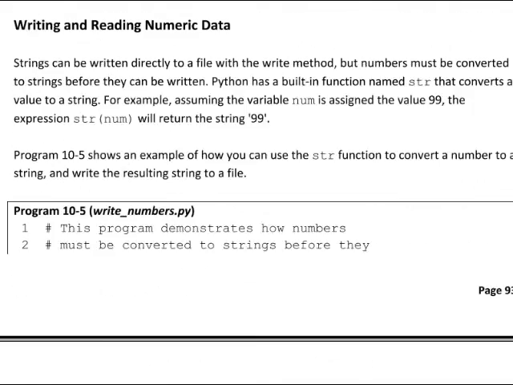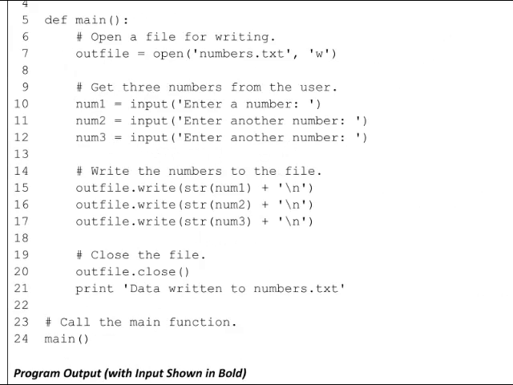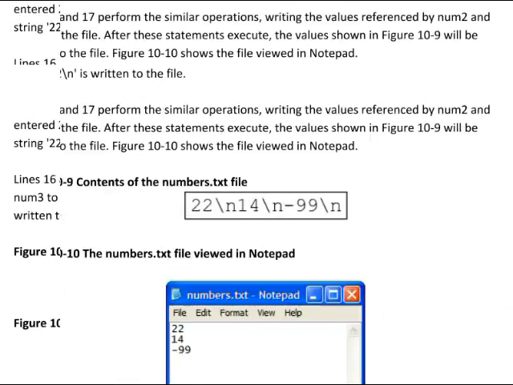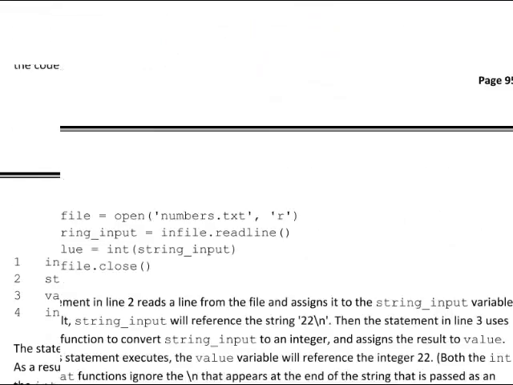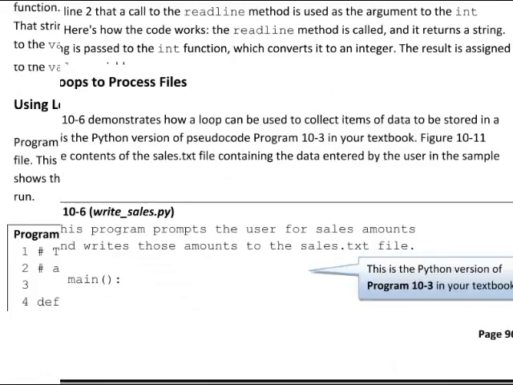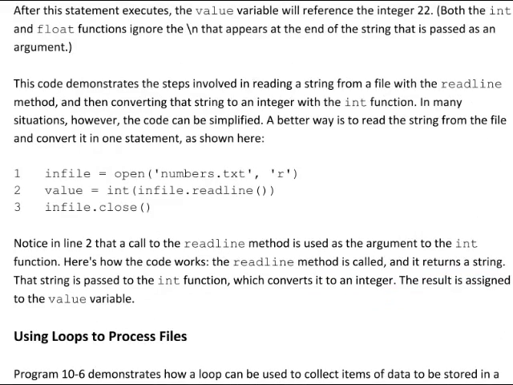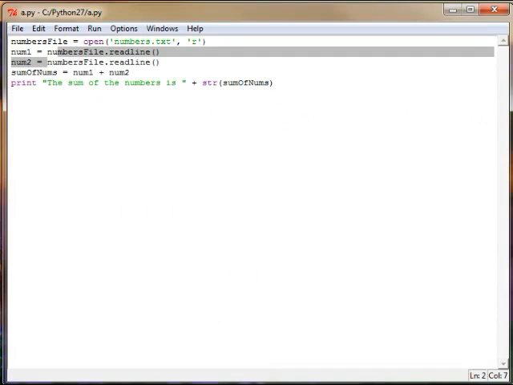Reading and writing numeric data. All right, we need to do this. We need to put an int in front of our read line to convert it to an integer.